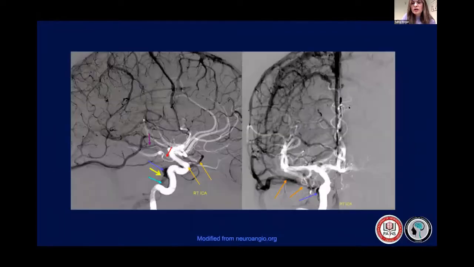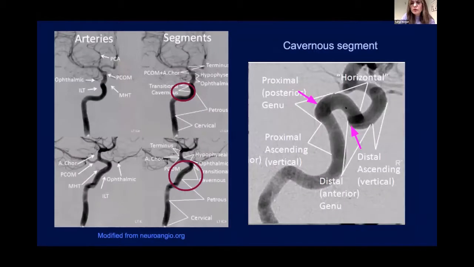From the microsurgical point of view, it extends from the petrolingual ligament to the proximal dural ring. These two things are never visualized in cross-sectional imaging or angiographically, but we should know them because the proximal dural ring and the distal dural ring are very important landmarks.